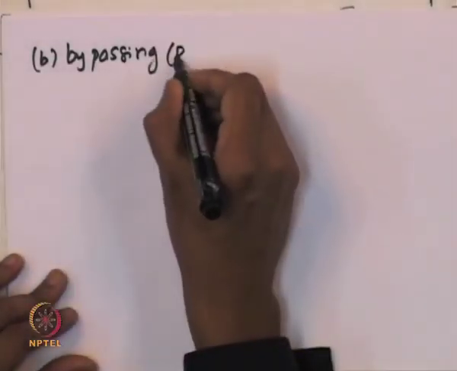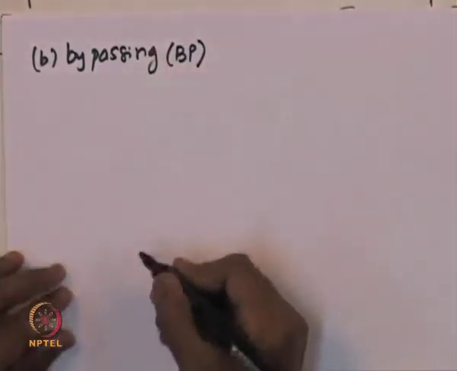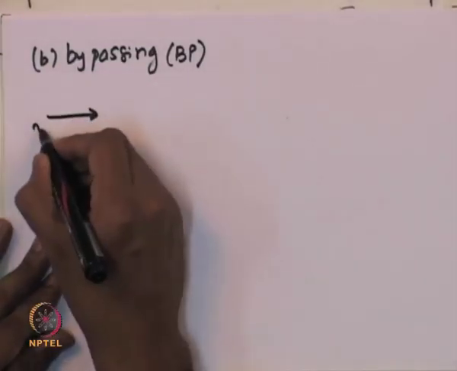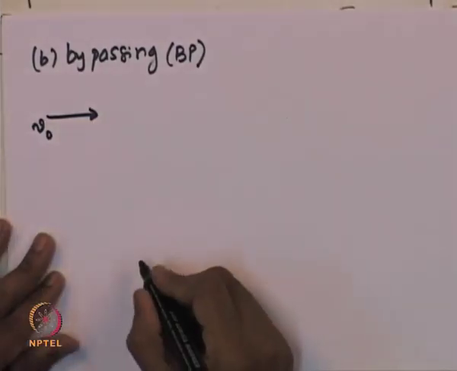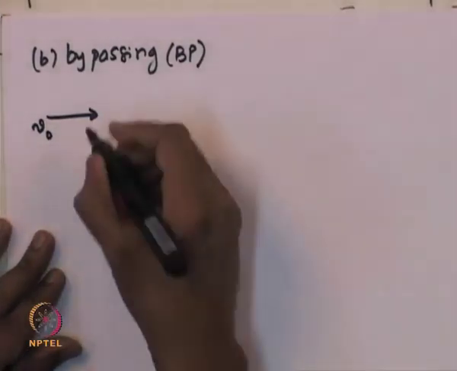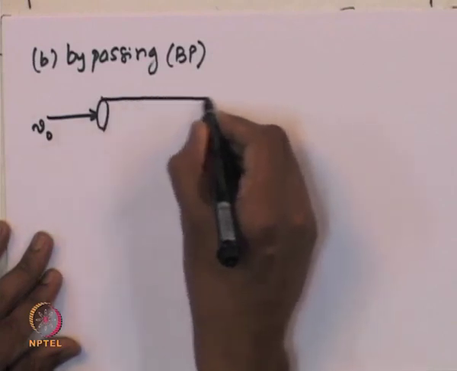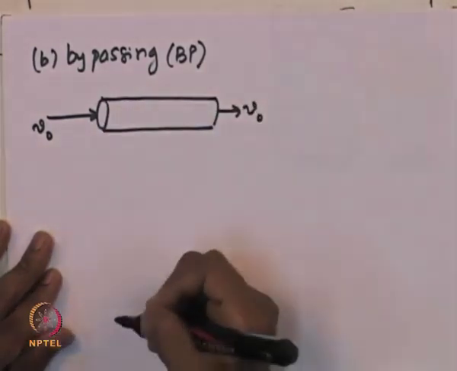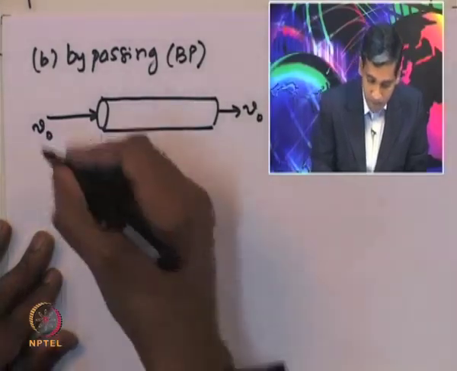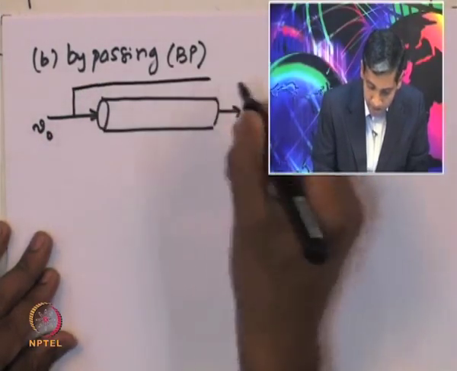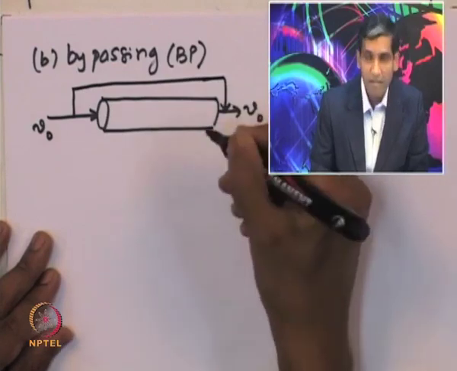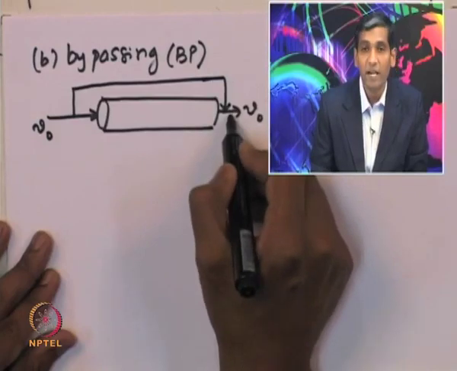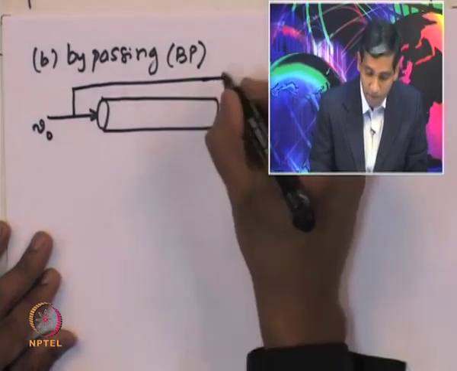If I tag that with BP, then that can be depicted as follows. Suppose V_0 is the volumetric flow rate with which the fluid is supposed to enter the reactor, and this is the reactor, and that is the final effluent stream volumetric flow rate. Then a fraction of the fluid is bypassed, and so we can represent that by taking some part of the feed and directly connecting it to the effluent stream.